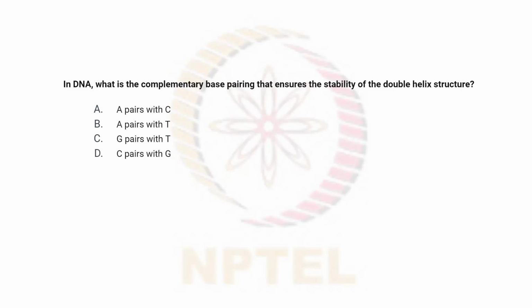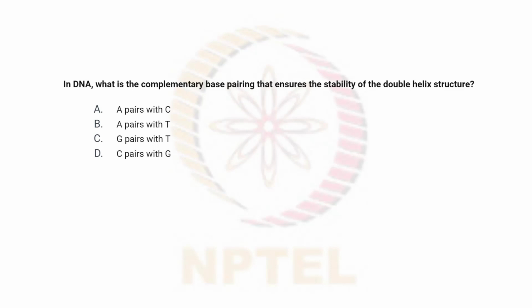Next, in a DNA, what is the complementary base pairing that ensures the stability of the double helical structure, or the formation of that structure? In simple terms, what is the complementary base pairing observed in DNA? Observe the options carefully and answer this question.